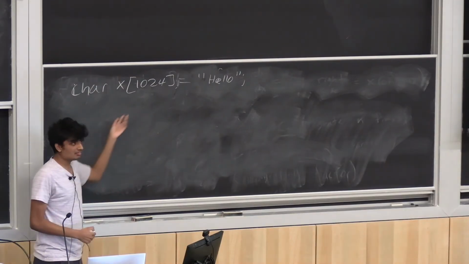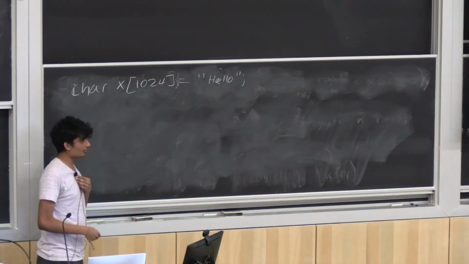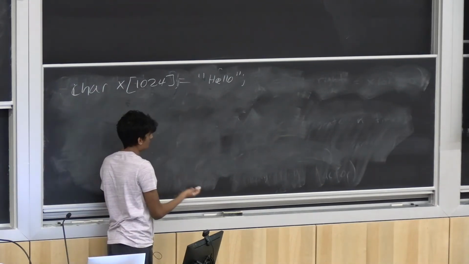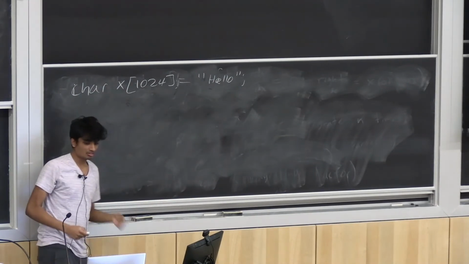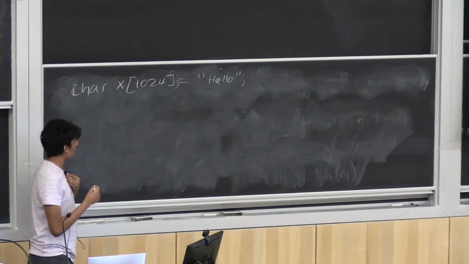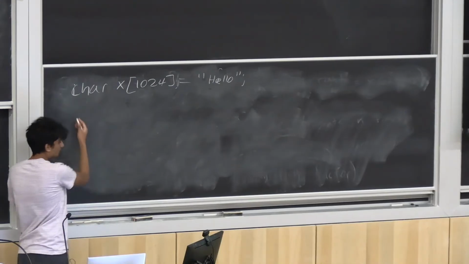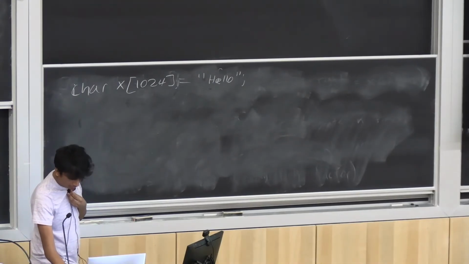And we're essentially wasting 1018 boxes for a variable that only needs six boxes. With a linked list, it will only use memory up until it needs.